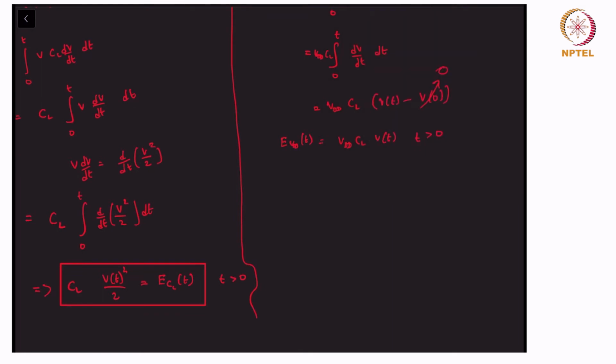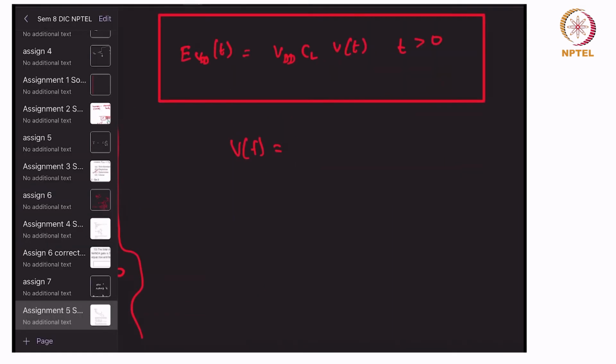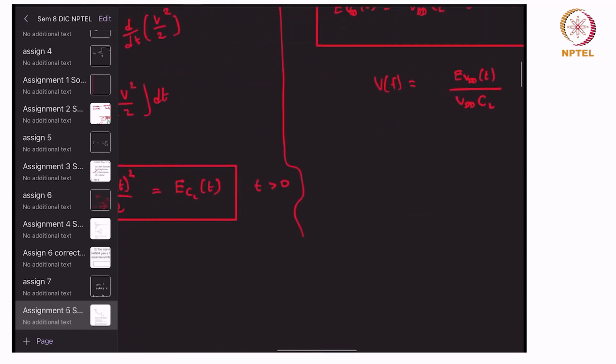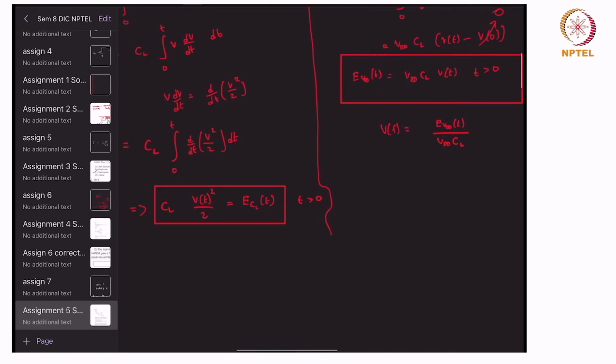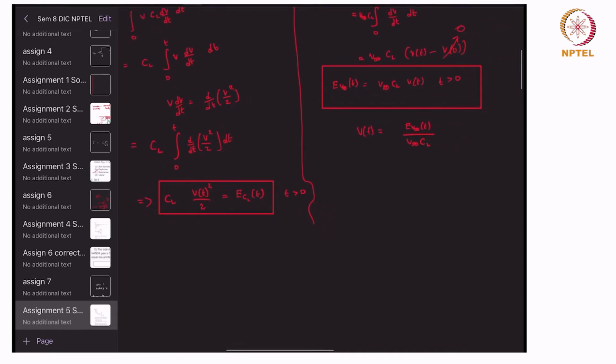So now that we have both expressions, we get that V of t is E_VDD of t by VDD CL, right? And substituting this now for V of t in this expression, we get E_CL of t is equal to CL into E_VDD of t by VDD CL, whole square, and these terms into 2.